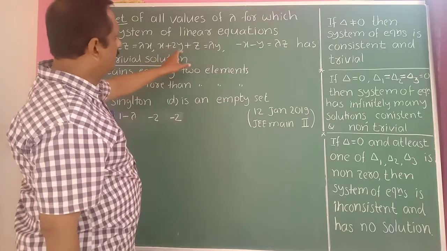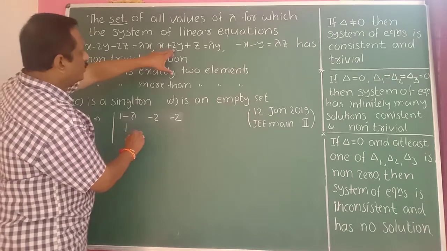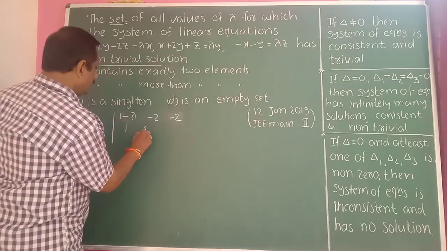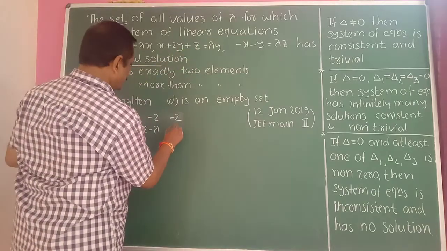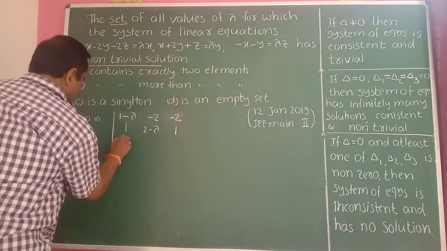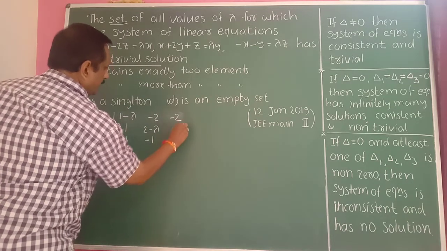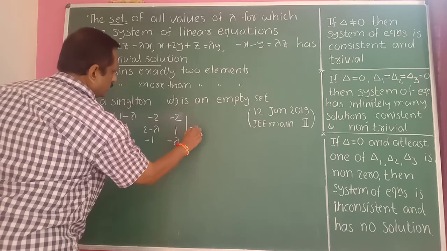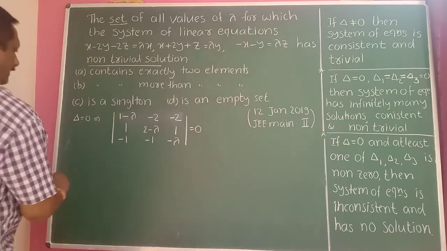Then from this, y is the common factor: 1, 2 minus lambda, and plus 1. Take lambda to the left side, so minus 1 minus lambda, that is equal to 0. Now simplify.